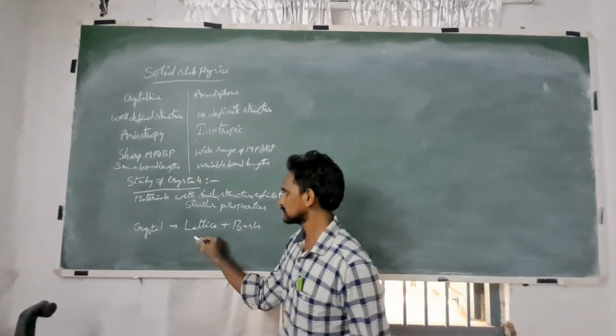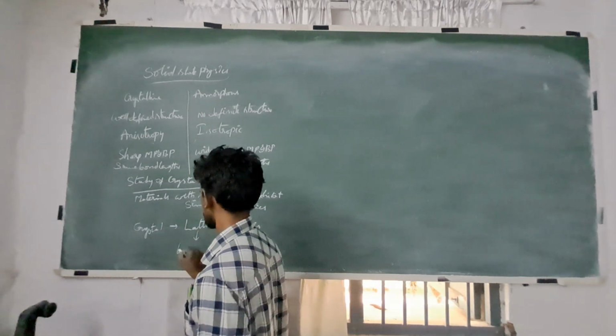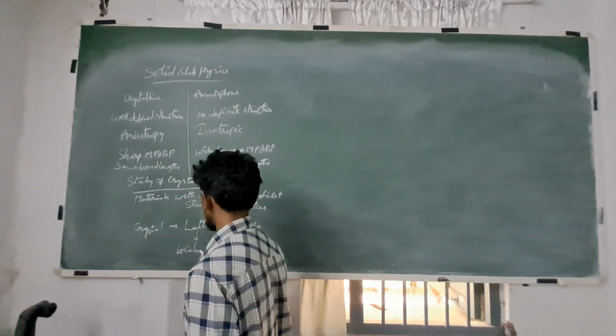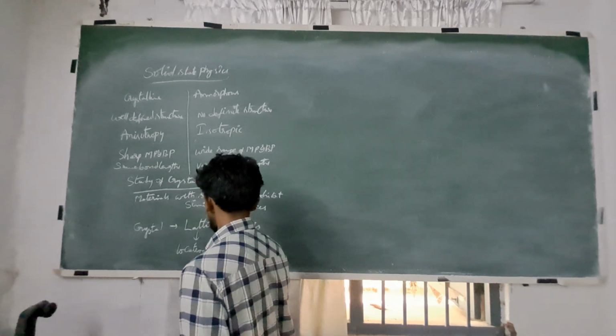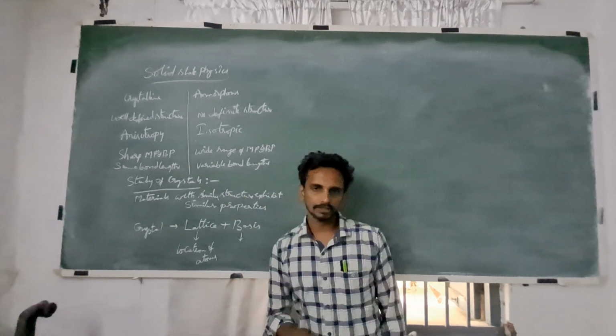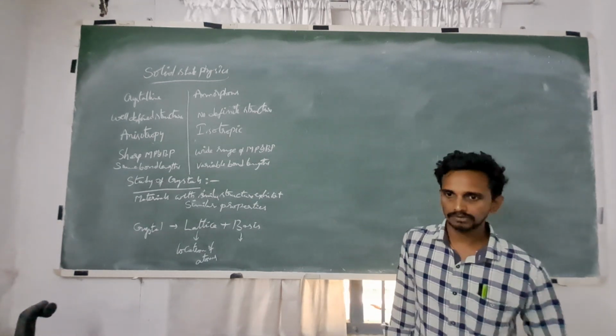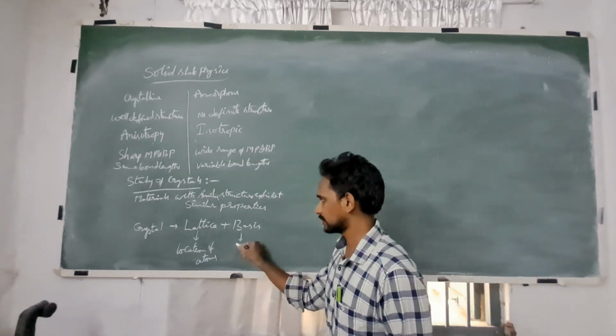Lattice gives you the location of atoms. And basis gives you the name of the atoms.